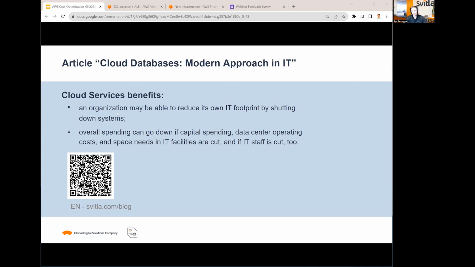I mentioned that by using cloud service benefits, in general, an organization is usually able to reduce its IT footprint by shutting down some systems. Another thing we spoke about was that overall spending could go down. Also, in the corner of the slide, you'll see a QR code. If it's interesting for you, you may review that post.